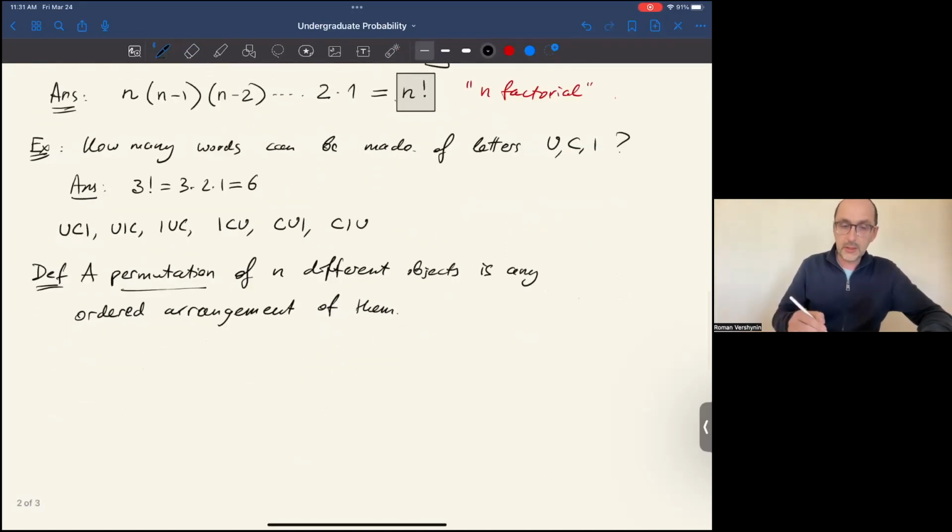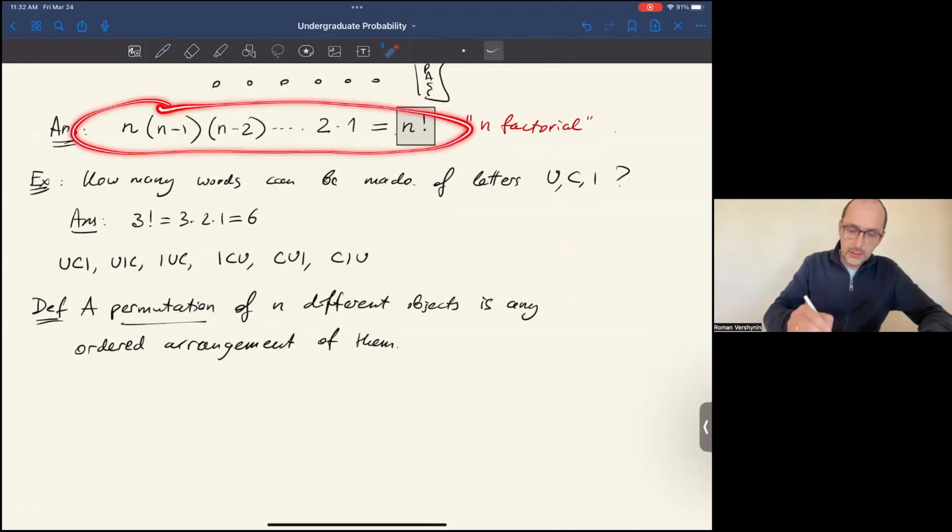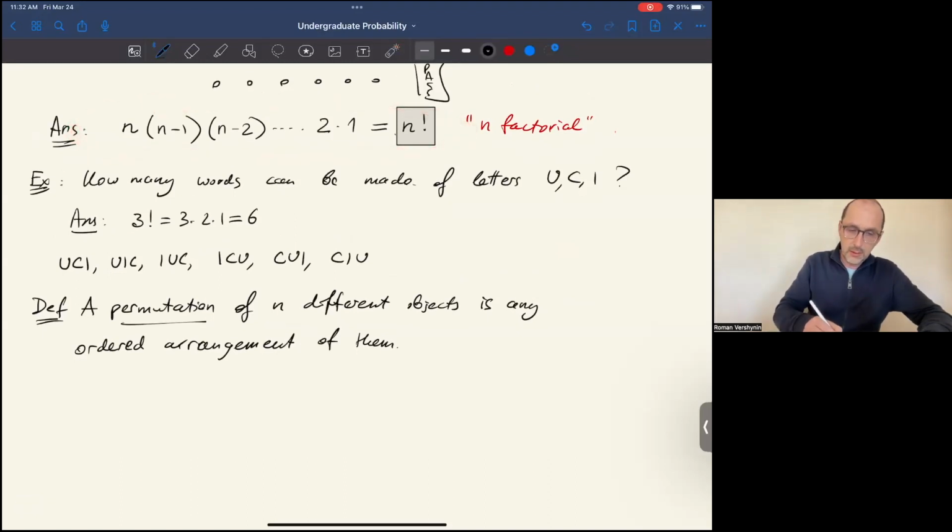And as we have just seen here, there are exactly n factorial different permutations.